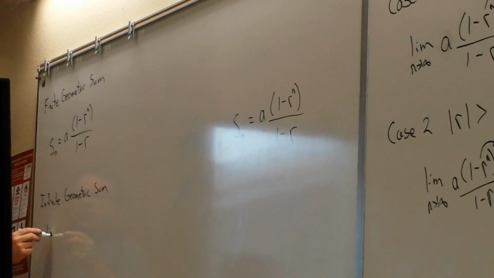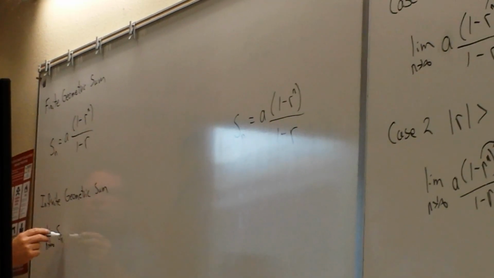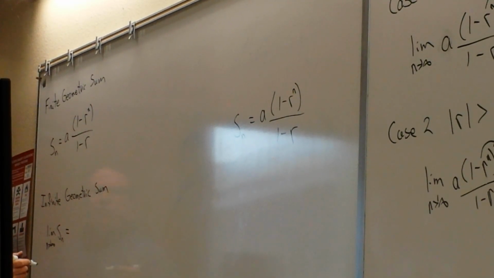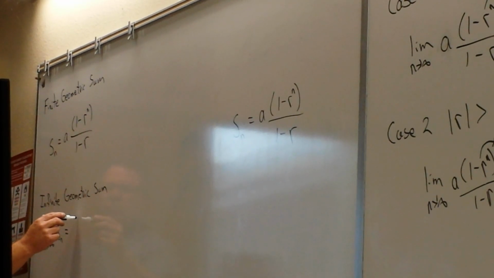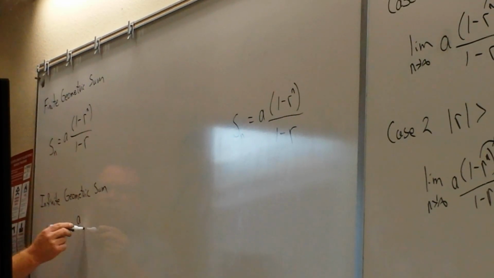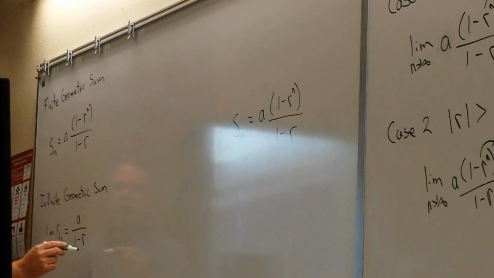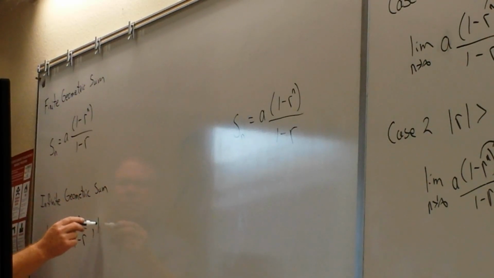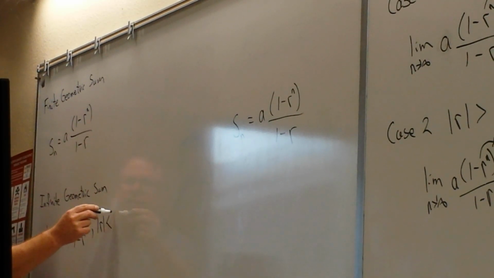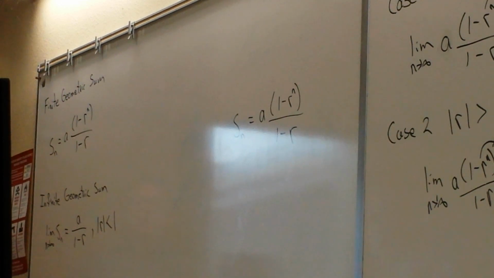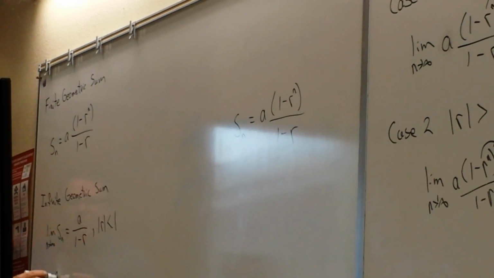So the limit as n goes to infinity of s of n equals a over 1 minus r, comma, absolute value of r less than 1 is the condition. Remember, a is the first term.